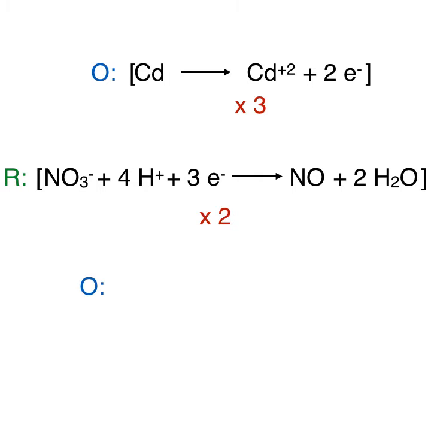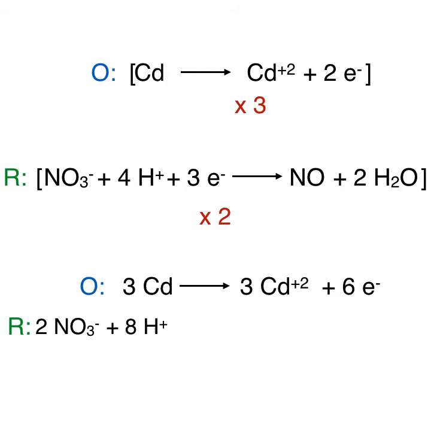This gives us an oxidation reaction with 3 cadmiums transforming into 3 cadmium ions and 6 electrons. Our reduction reaction, on the other hand, is now 2 nitrates and 8 protons consuming 6 electrons to produce 2 nitric oxide molecules and 4 H2O molecules.